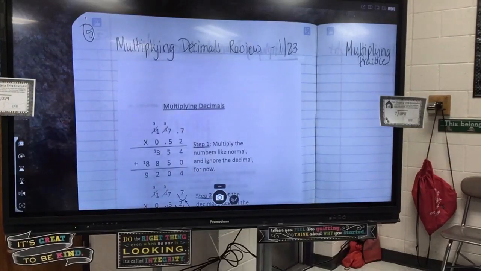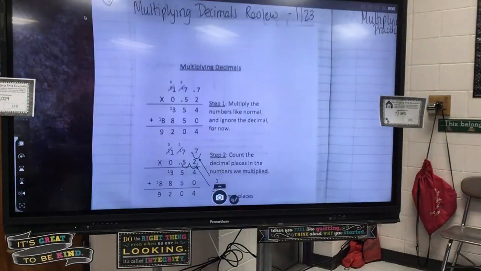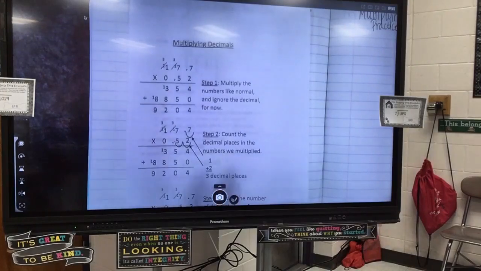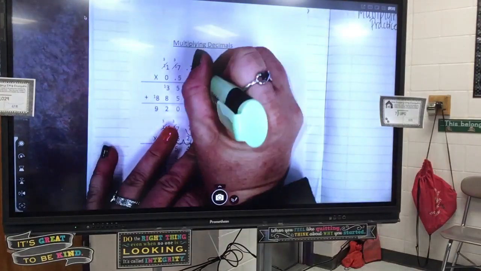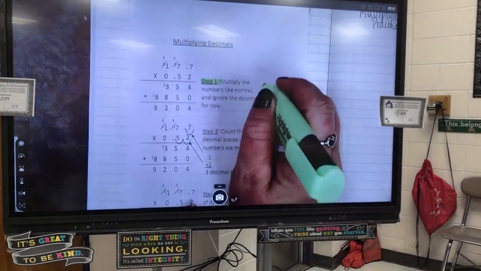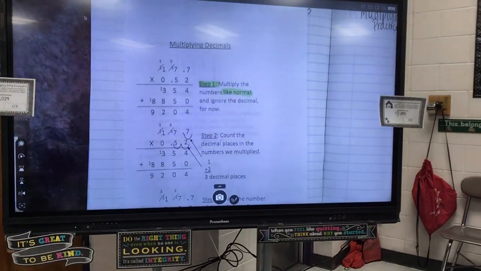So we're just gonna review some of these steps in order to multiply decimals. Alright, so step one. You multiply the numbers like normal. So even though it's got decimals in it, you don't think about the decimals.